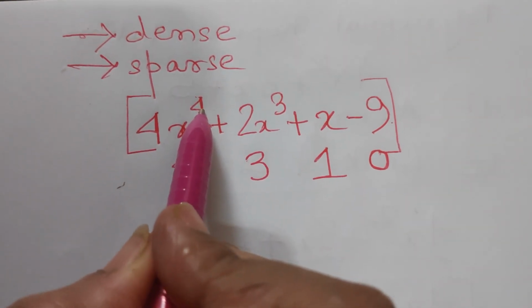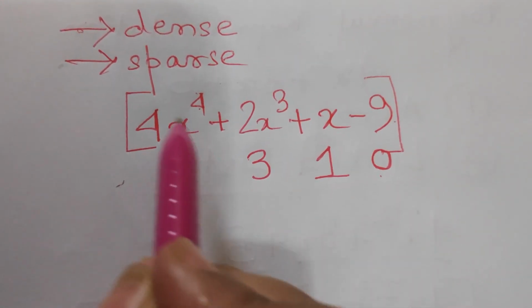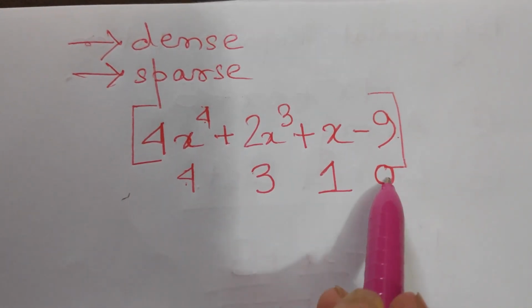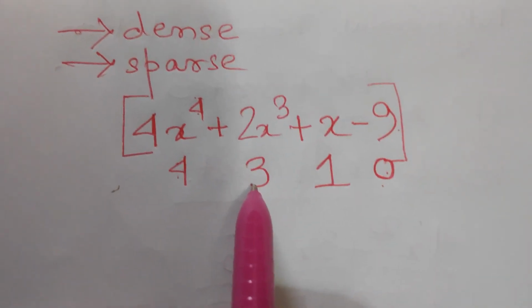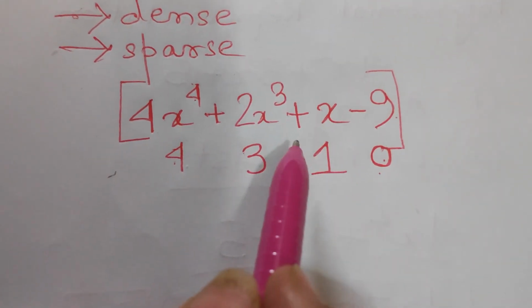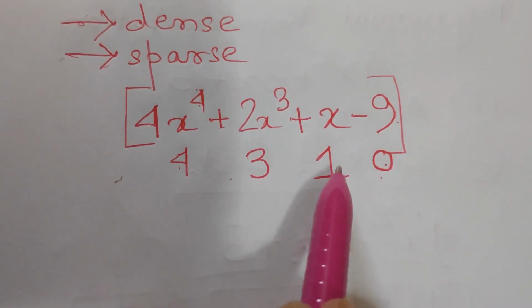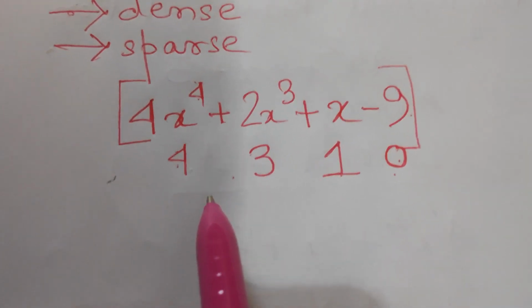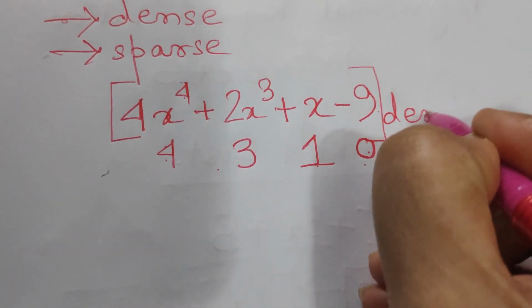Highest exponent is 4, lowest exponent is 0, and of all the exponents that are possible between 4 and 0, most of them are present in the polynomial. Exponent 2 is missing, but other than 2, 3 and 1, most of the exponents are represented in the polynomial. So we call this dense.